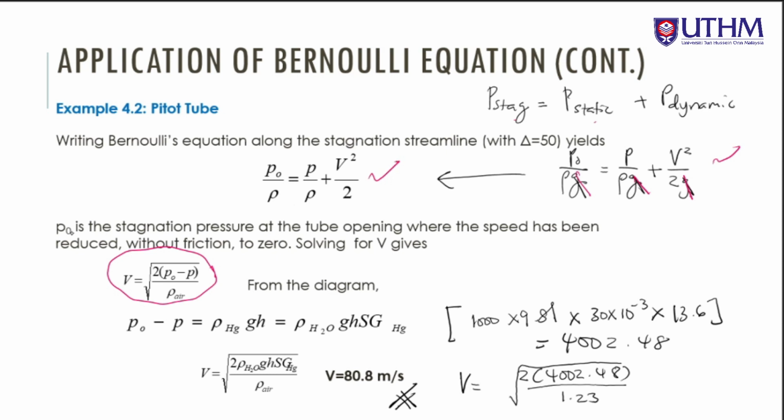P stagnation is actually at the tube opening, where the speed has been reduced without friction to 0.